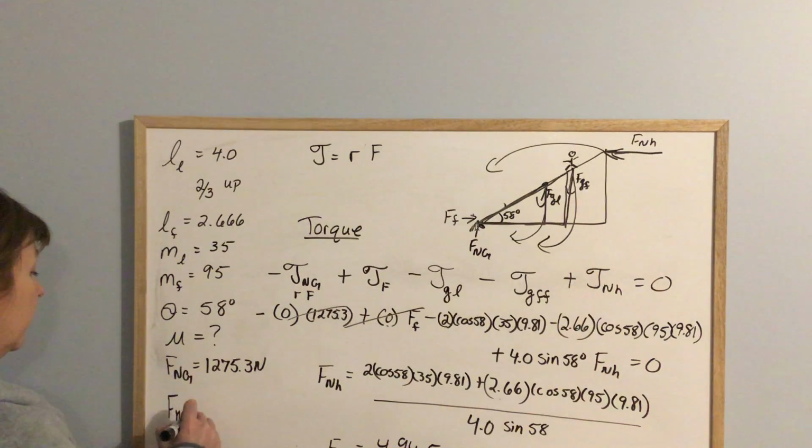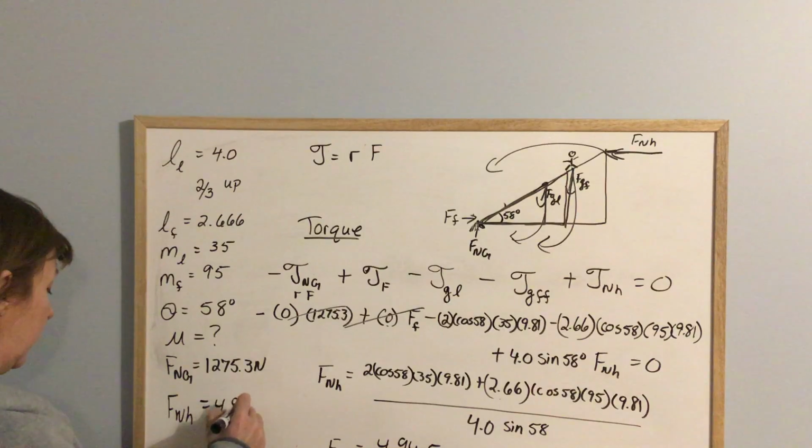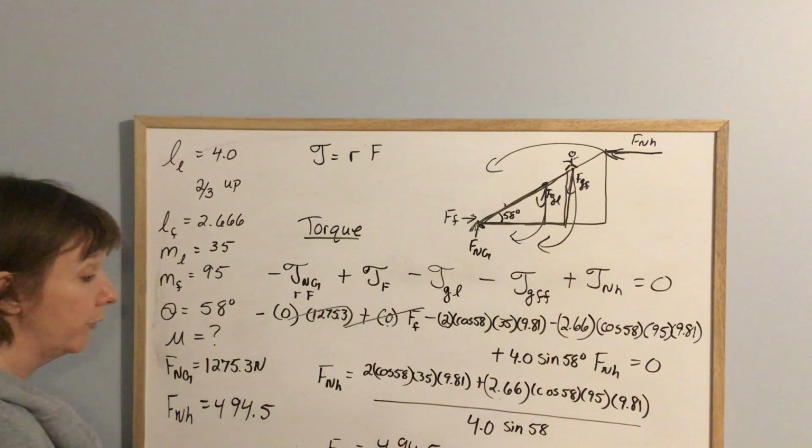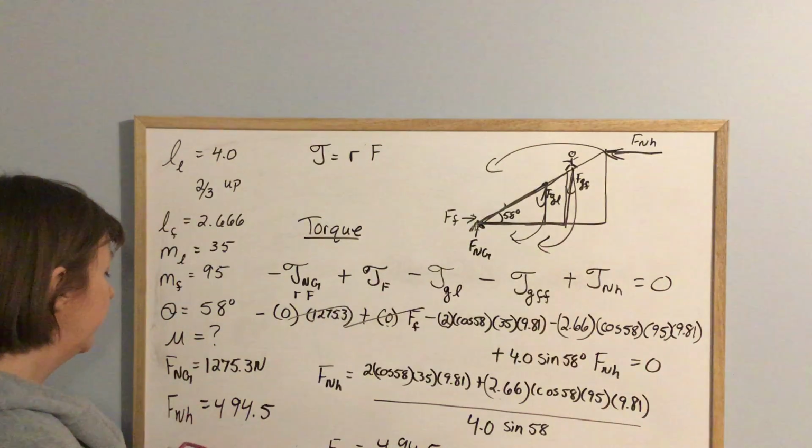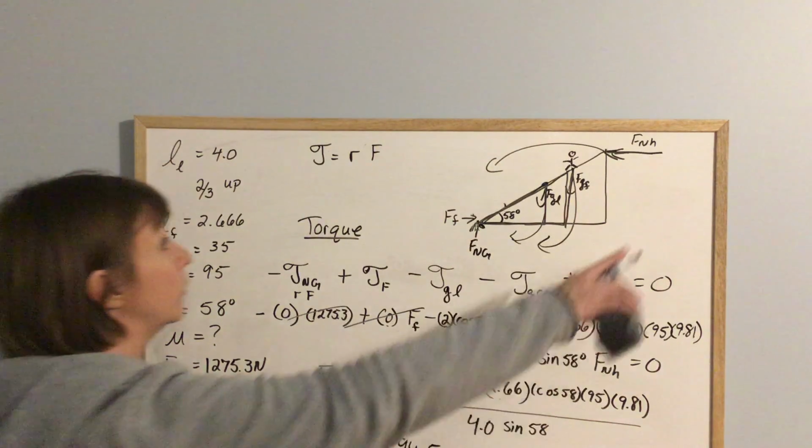So normal force on the house is 494.5. Yay, that's wonderful.